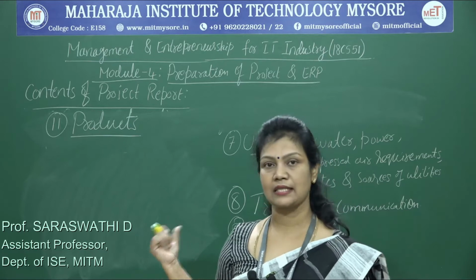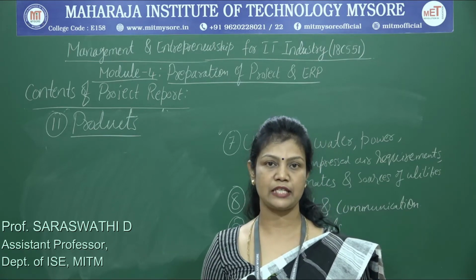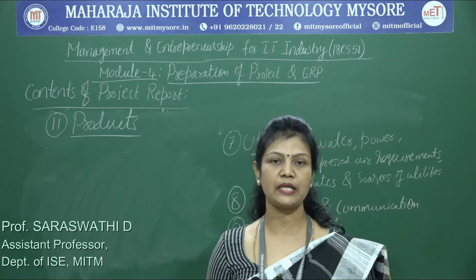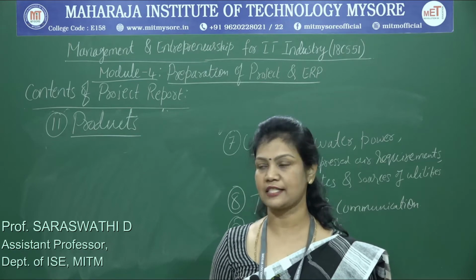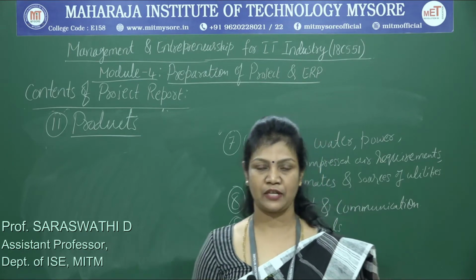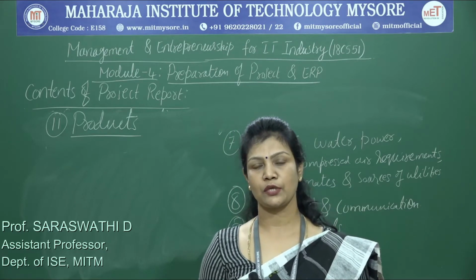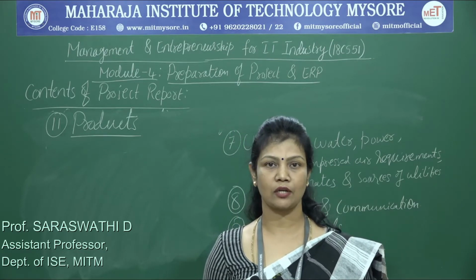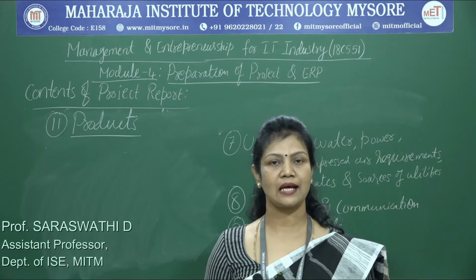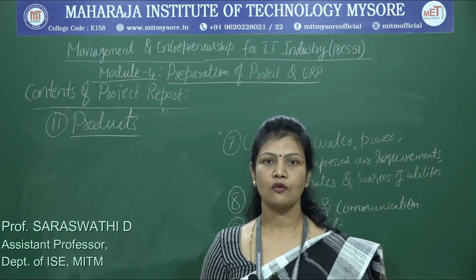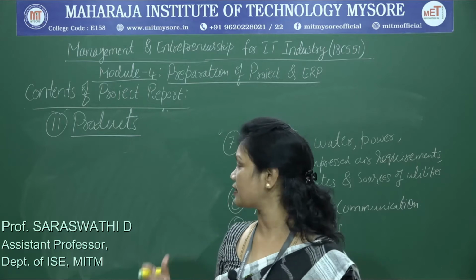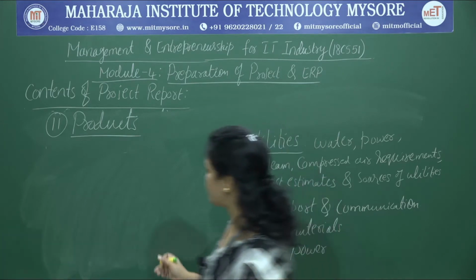Also, what are the standards they are having for each and every product which is going to be developed within the organization has to be specified here. The complete details regarding the product which is going to be developed within the organization, the product mix and the standards they are going to follow need to be specified in this products. So next is market.